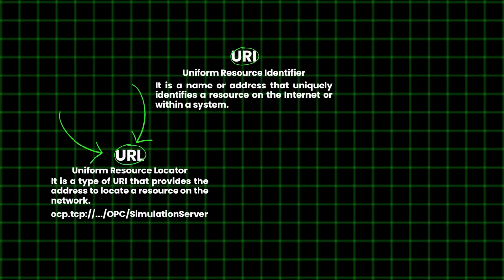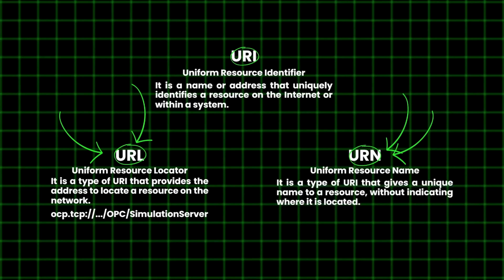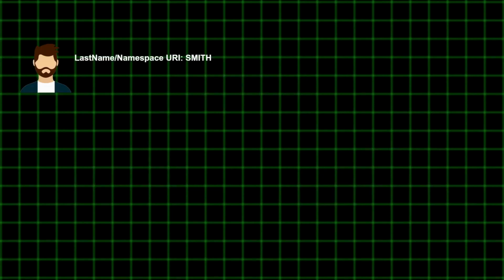As shown in this example, opc.tcp colon, etc. Then there is the URN, Uniform Resource Name. It's a type of URI that gives a unique name to a resource without indicating where it's located. As shown in this example, urn colon trunk system. Why trunk system? Because it's our example.